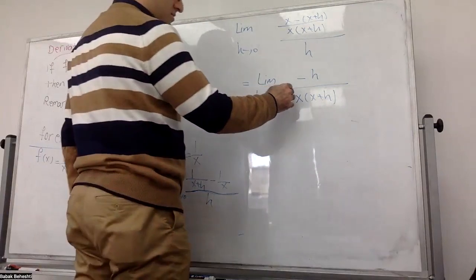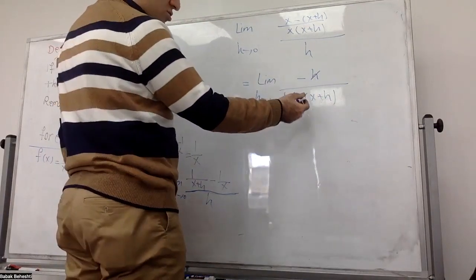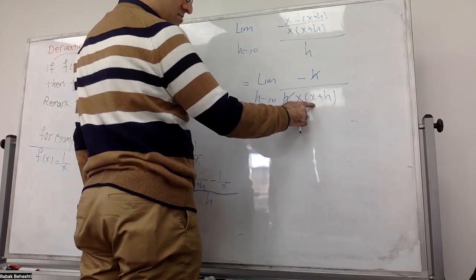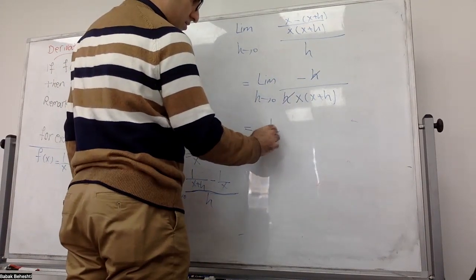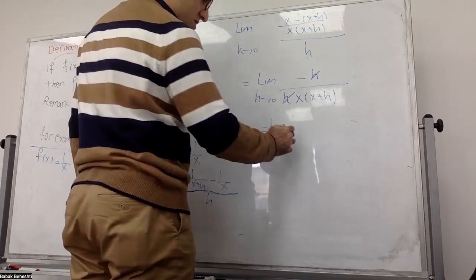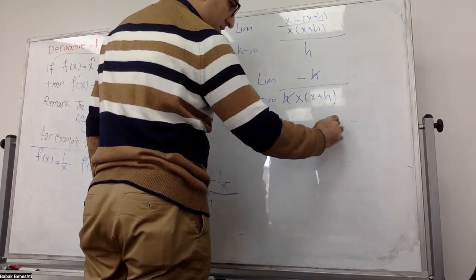So now you can cross out h with this h. And when h goes to 0, you have x times x is x squared. So this is minus 1 over x squared, which is equal to minus 1 times x to the power minus 2.